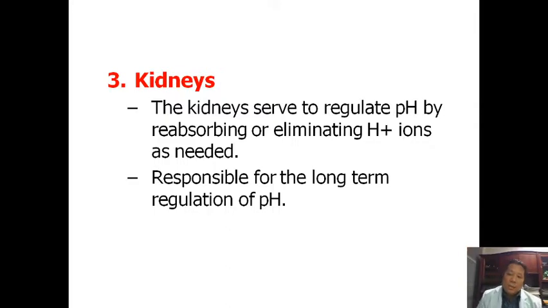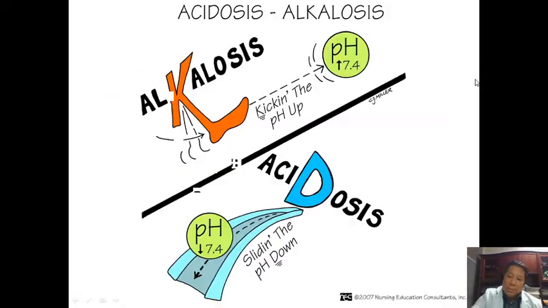If the kidneys notice that we have a bit of an excess of hydrogen ions circulating in the blood, then the kidneys can remove hydrogen ions by increasing the urine production and eliminating hydrogen ions via the urine, and that can help in again reducing the possibility of metabolic acidosis.